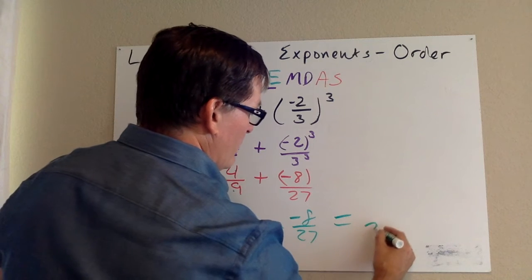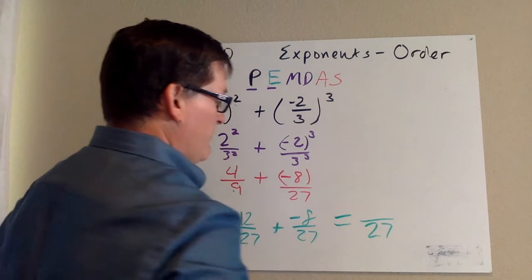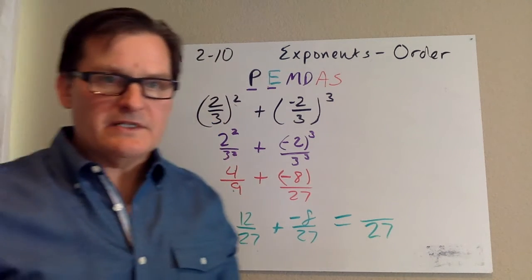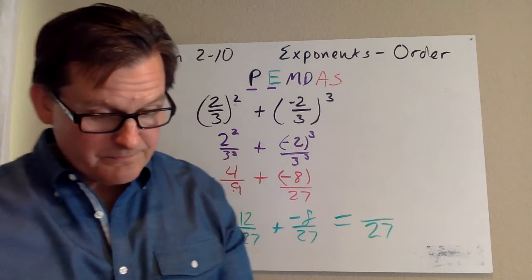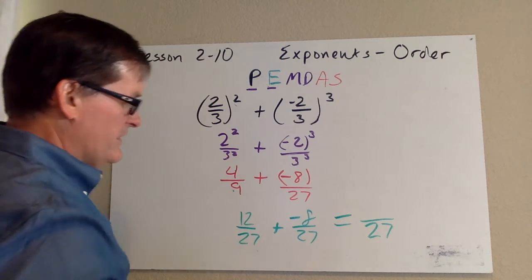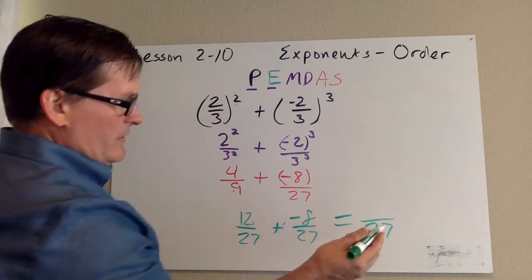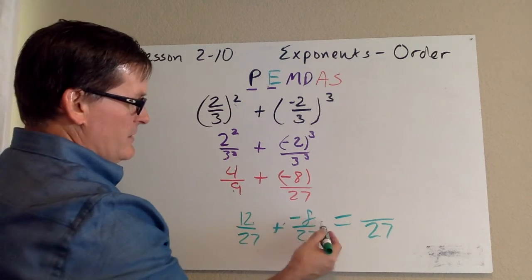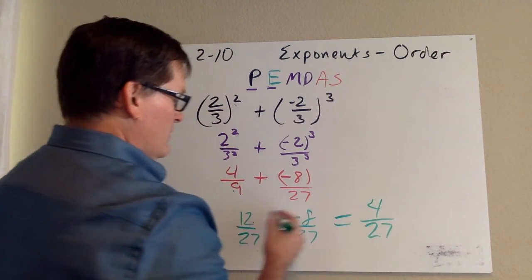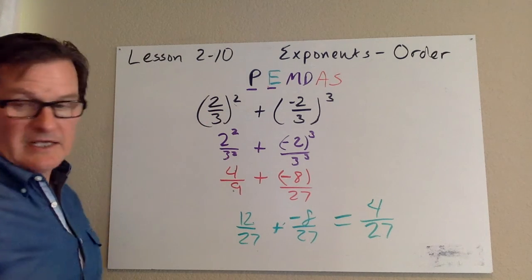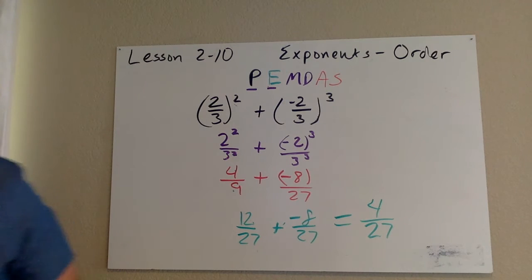Now, hopefully you remember when we add fractions, the denominator stays the same for reasons that hopefully were explained well to you. If not, you may want to ask your teacher to re-explain that to you so you can understand it. 12 plus -8, we know by applying the rules of signed numbers, we take the difference, which is 4. 12 is more powerful, so it ends up being a +4 over 27.